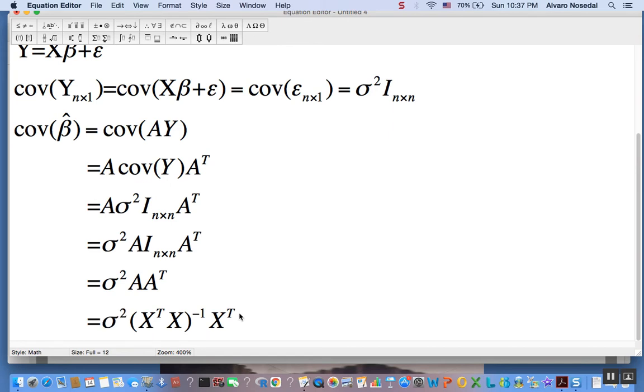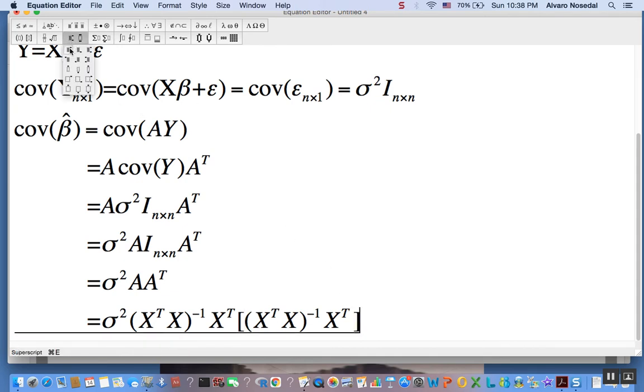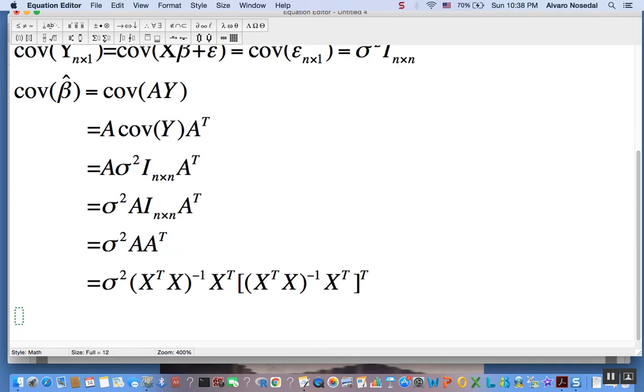Now we need the transpose of this matrix here. Something like this. Oops, capital T, that's better. So we're almost there.